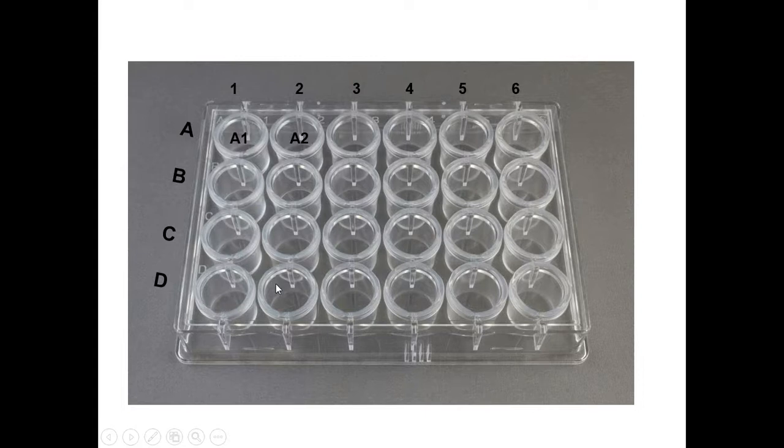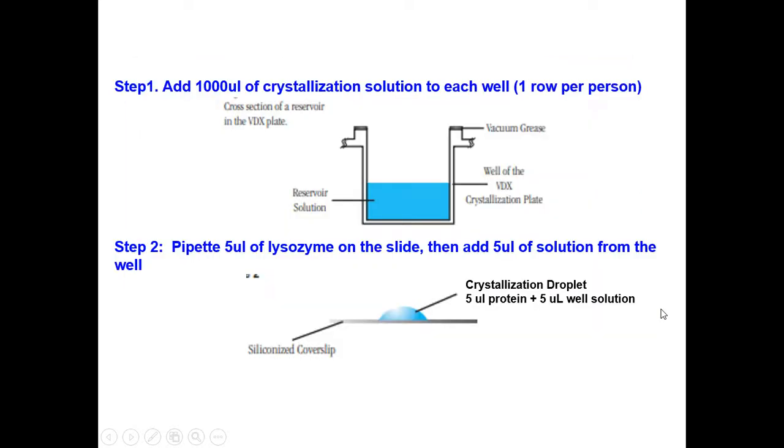Bottom row, this would be D1, D2, D3, D4, D5, and D6. Okay, so that's what's known as a hanging drop tray. And basically what you do is you add your solution of crystallization compounds to the well. Now, normally what we would do is we would add, let's say, 1,000 microliters of this to the well.